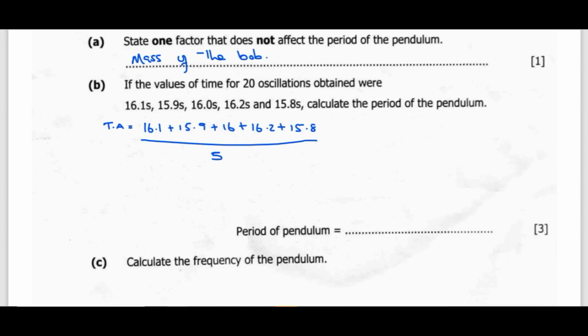When you add them and divide by 5, we are going to have 16.0. So this is the time average.